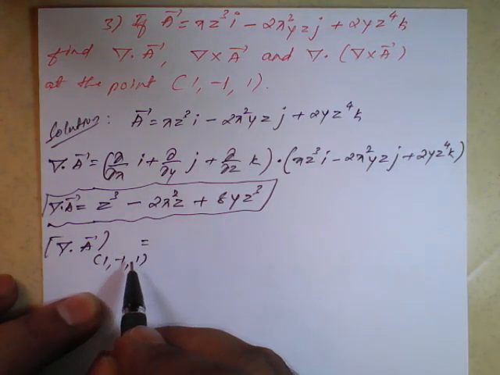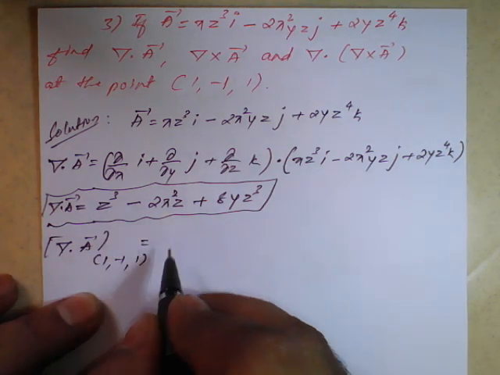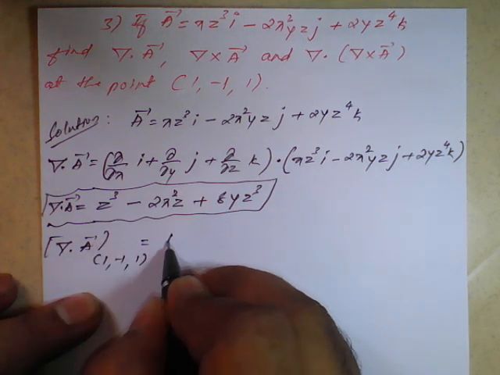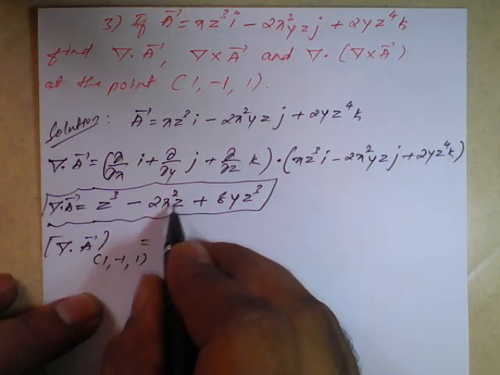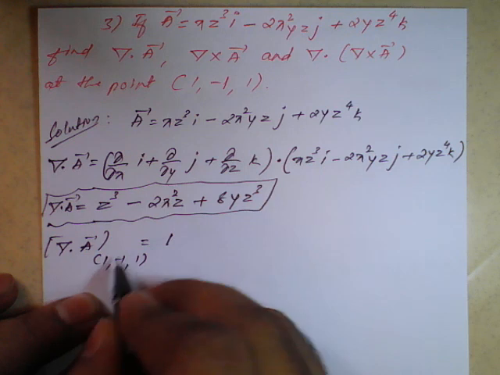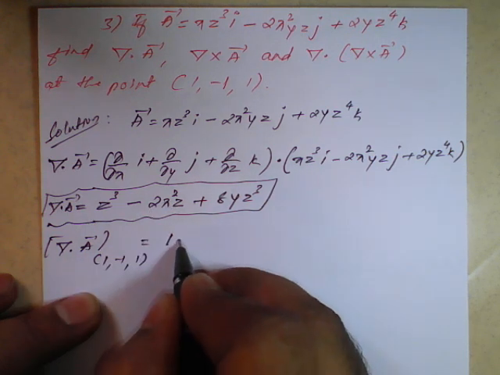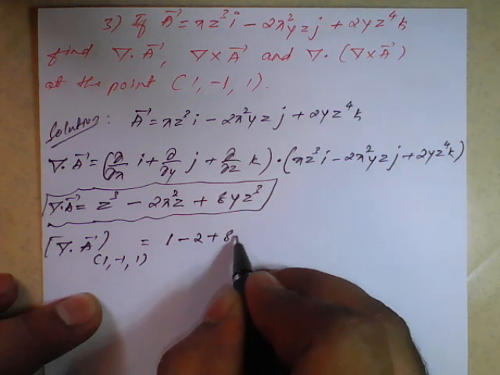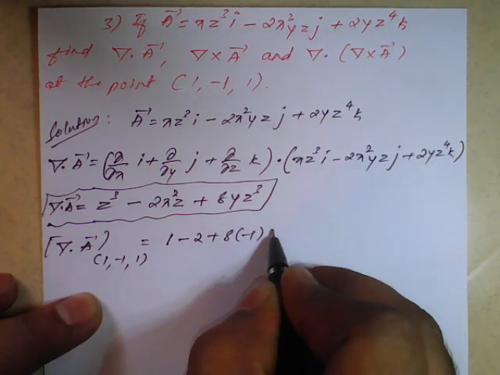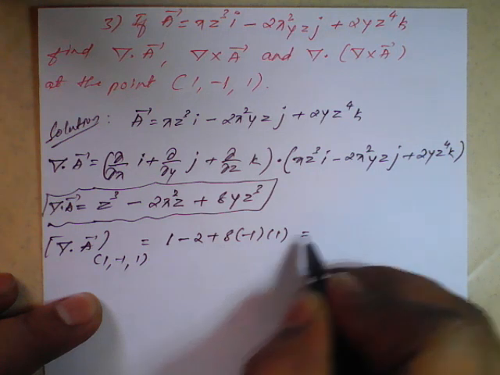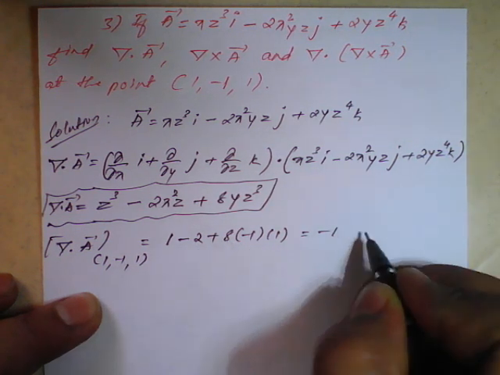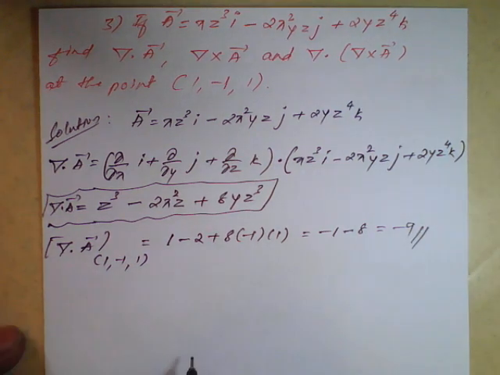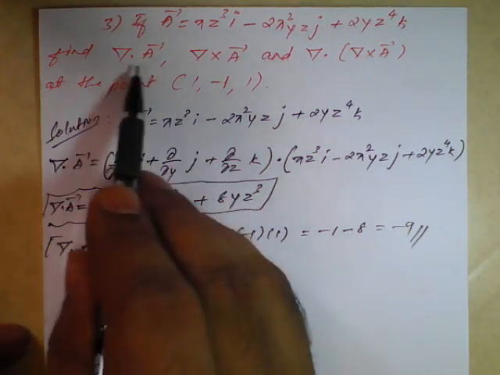So z is 1 means 1 cube is 1, then here x value is 1 and z value is 1, so at that time it will become minus 2 plus 8 times y value minus 1, z value 1. So therefore it will be 1 minus 2 is minus 1 minus 8, which is nothing but minus 9. So we completed the first required thing.